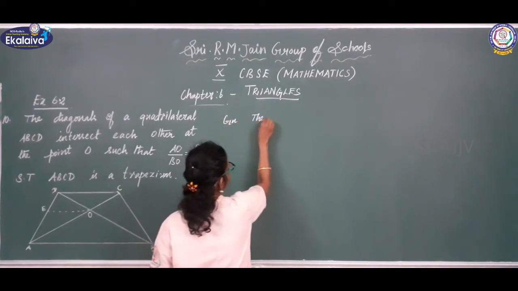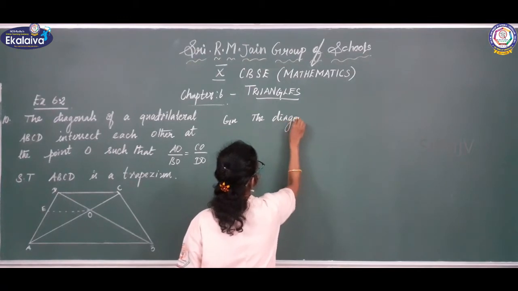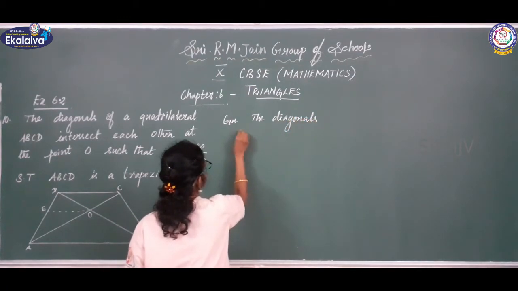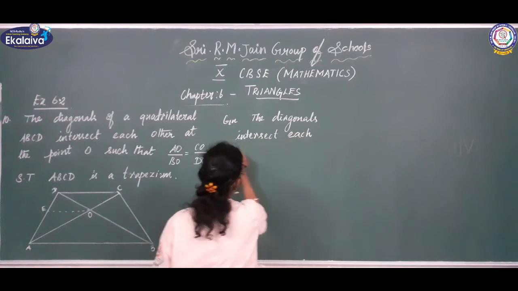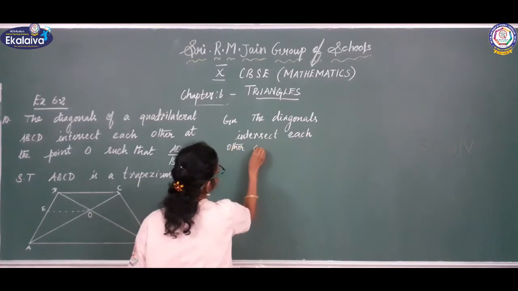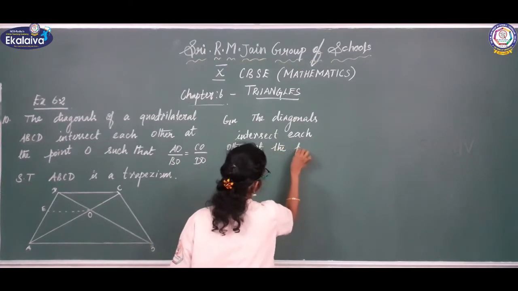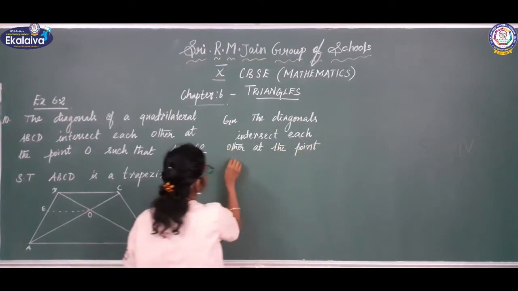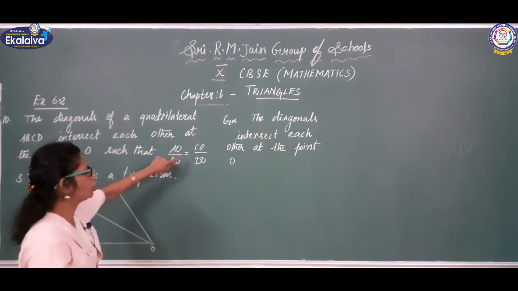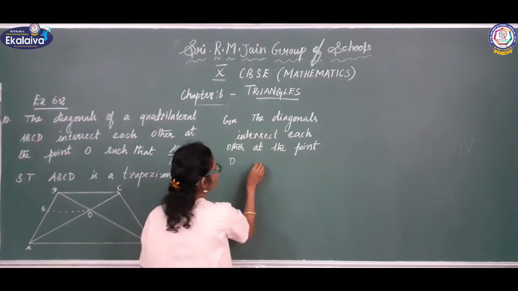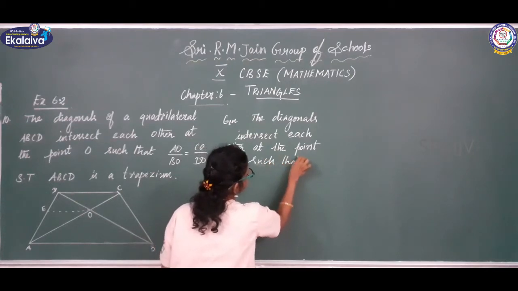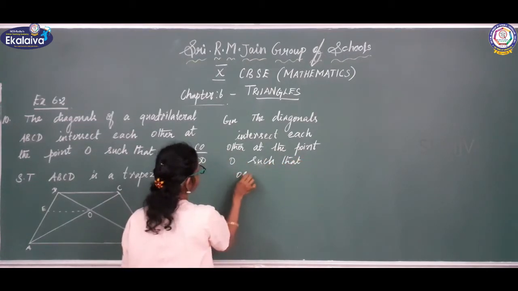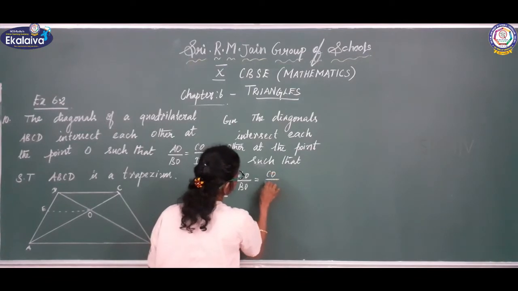Given the diagonals intersect each other at the point O. One more thing, it is given as AO by BO equal to CO by DO.